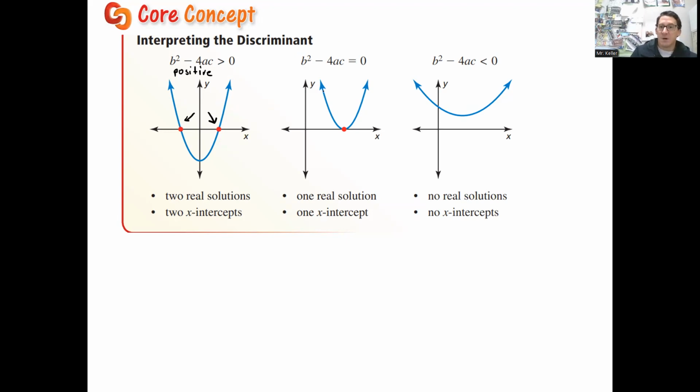If it's equal to 0, it only has the 1 solution right there. And if it is less than 0, it has no real solutions. It is not crossing the x-axis. We're going to get into imaginary solutions in the next lesson. We're not going to worry about that yet. Right now, just no real solutions.